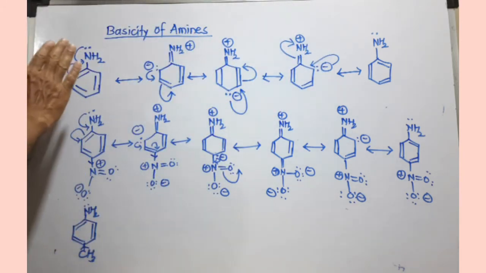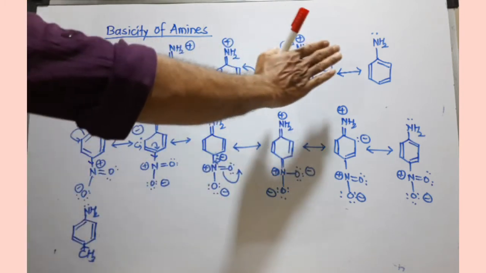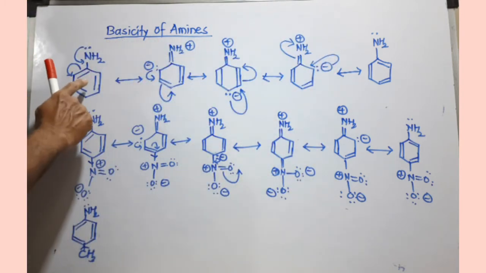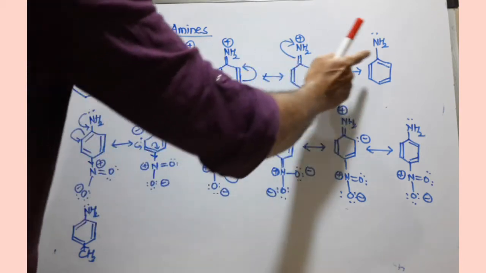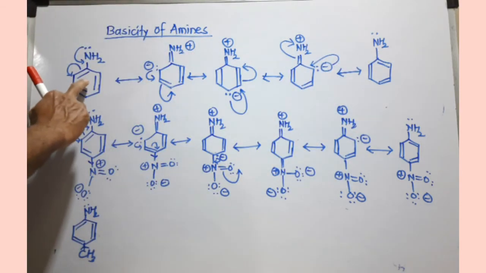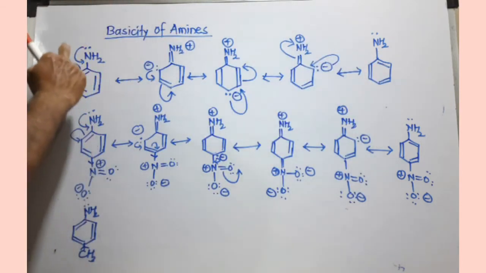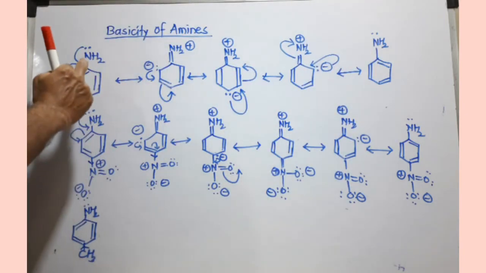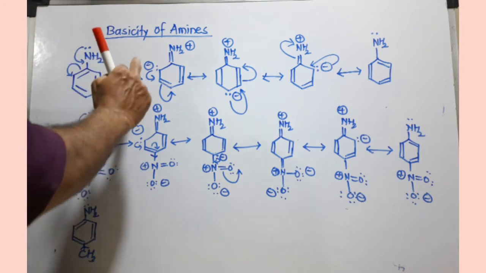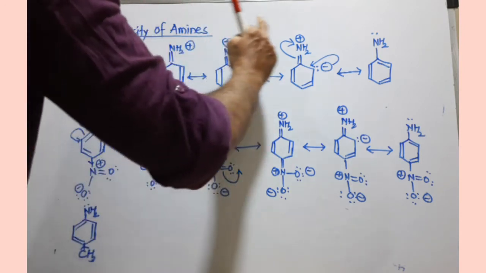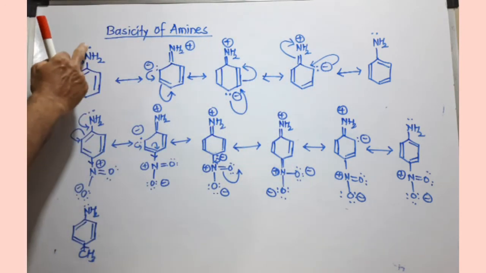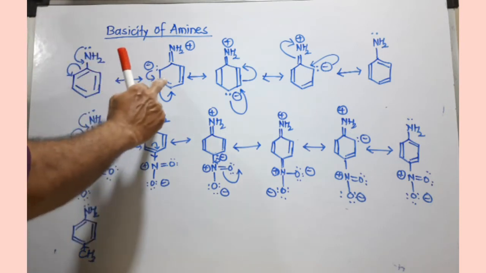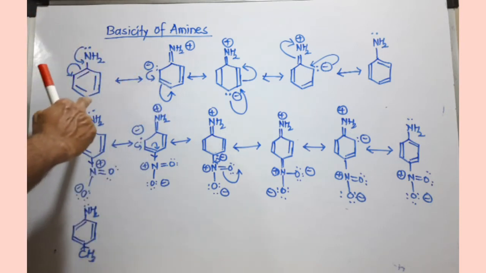If you look at all these resonating structures, out of these 1, 2, 3, 4, 5 resonating structures, only 2 have nitrogen with a lone pair of electrons. The lone pair is not available in the remaining 3 structures because this electron is delocalized. It is changing its position.